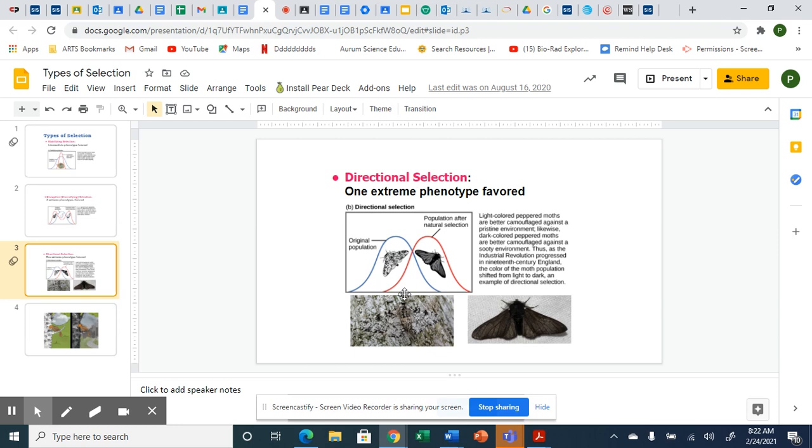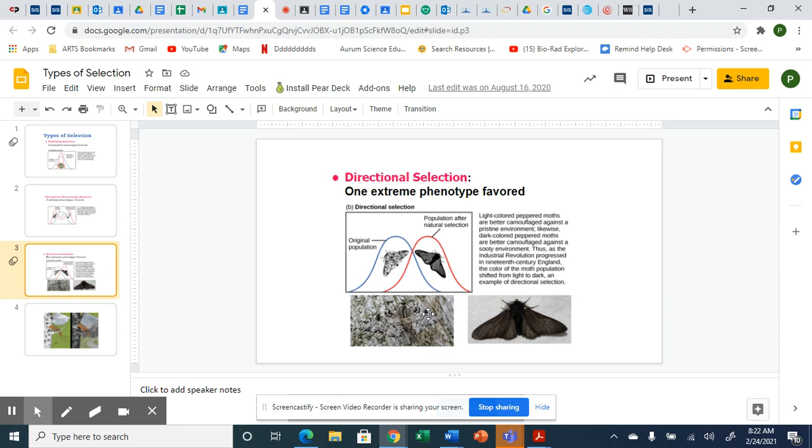All right. So anyway, this is the original moth. It was able to hide, and when the Industrial Revolution happened in England, they built all these factories that put out all this pollution, soot and dust into the atmosphere.